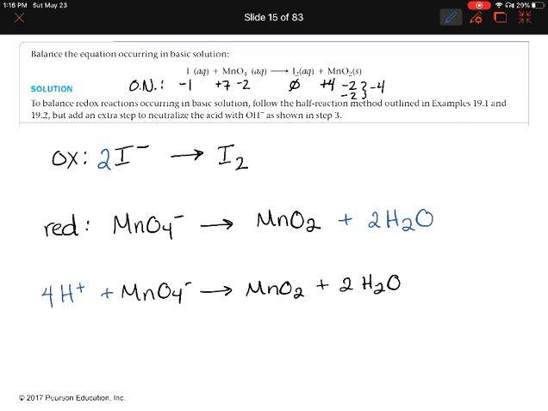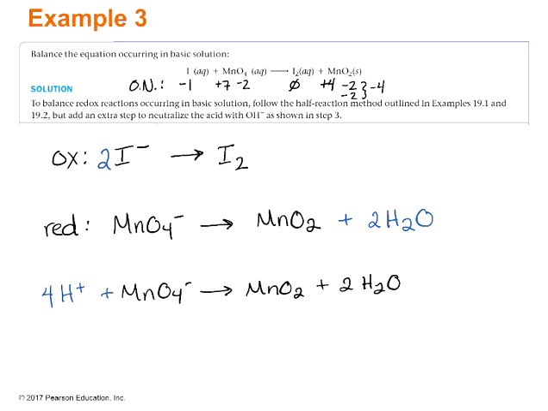We have 4 hydrogen atoms on the right, so we need 4 hydrogen ions on the left. Okay, so if this were an acidic solution, we would just stop there. And then we would go on to the step where we figure out how many electrons we have. But we're in basic solution, so we need to balance the hydrogen ions with hydroxide ions.